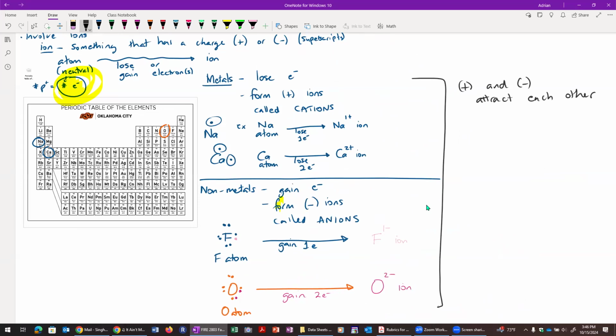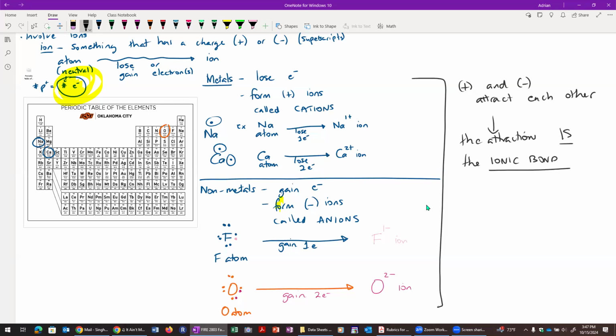Opposite charges attract. And that attraction is the ionic bond.